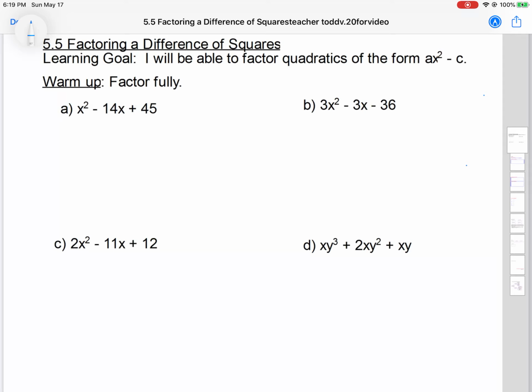So just as a reminder, when we're going to factor these, this first one has no common factor because there's no value out front of the x squared. So you're looking for two numbers that multiply to 45 and add to negative 14.